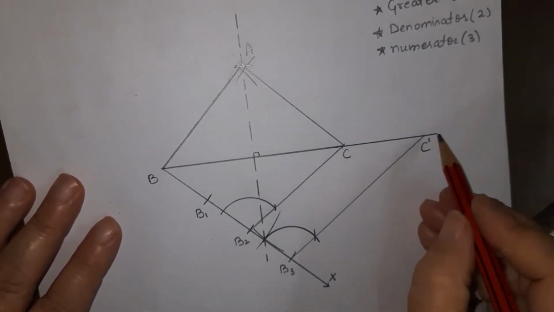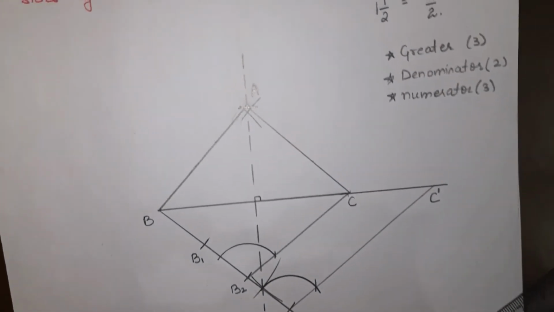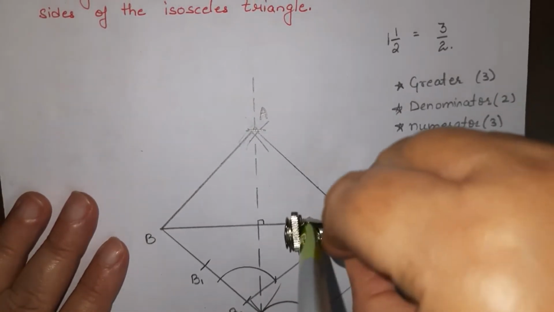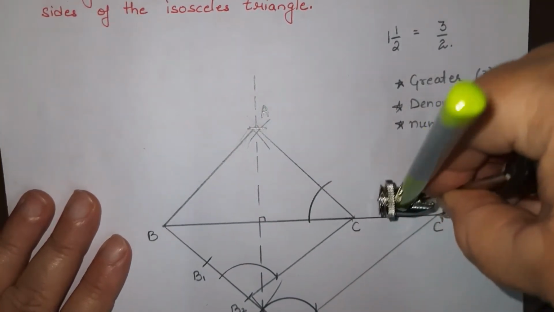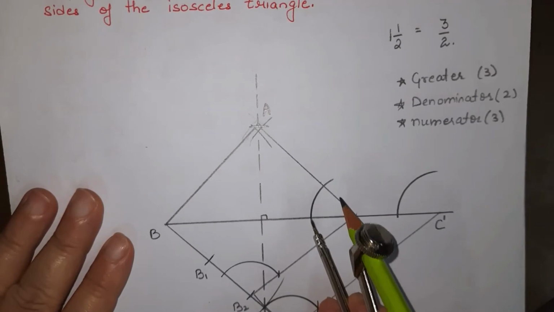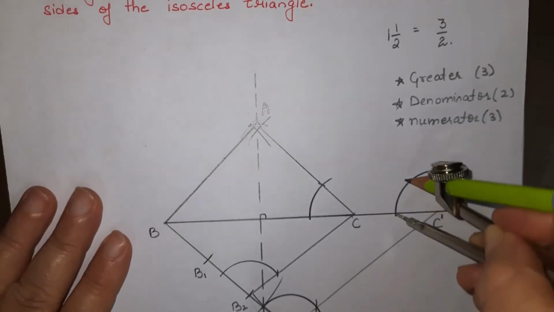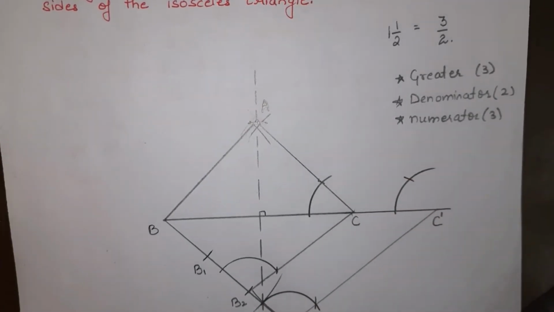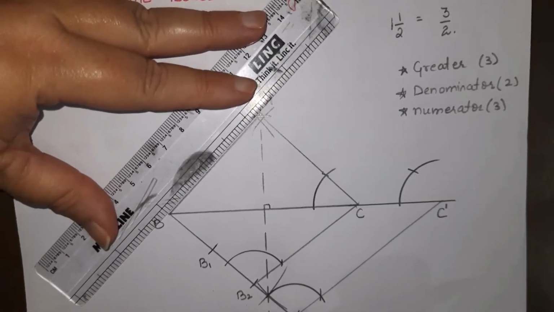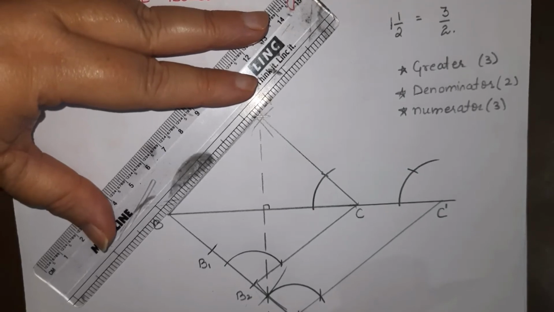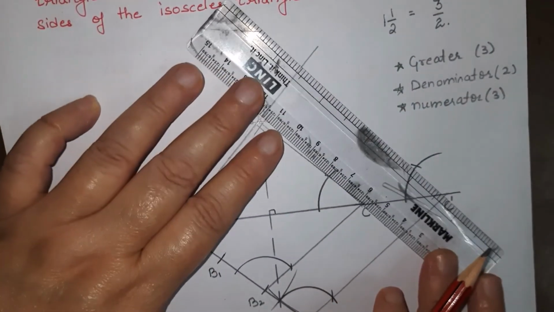Now again you have to draw a line parallel to CA through C dash. So again we will make the equal angles at C and C dash. So this angle, and from this point like this. We are making equal angles like this at C and at C dash. And remember, this parallel line will intersect extended line BA. So we should first extend this BA. Let us see where it will intersect.